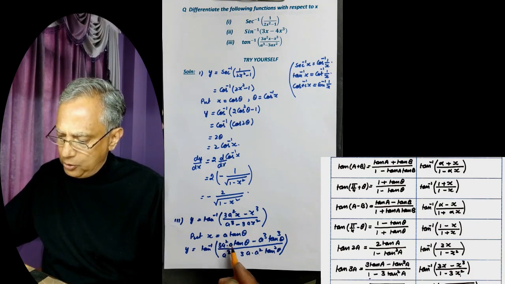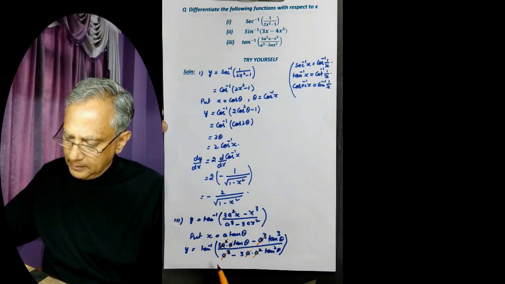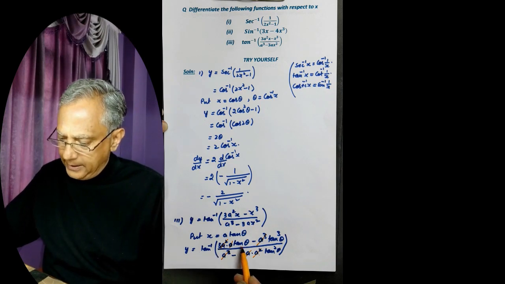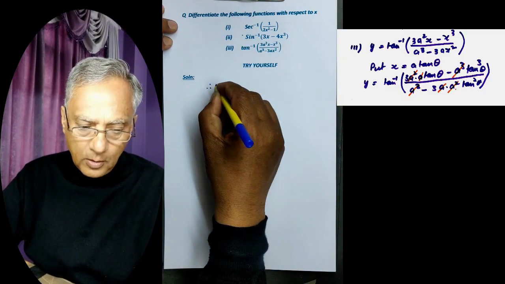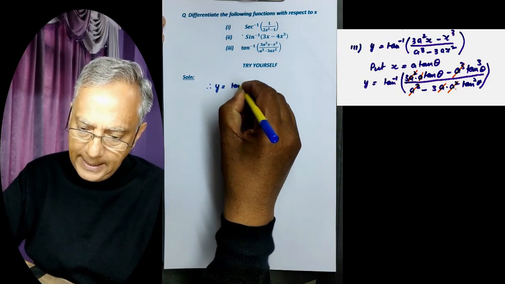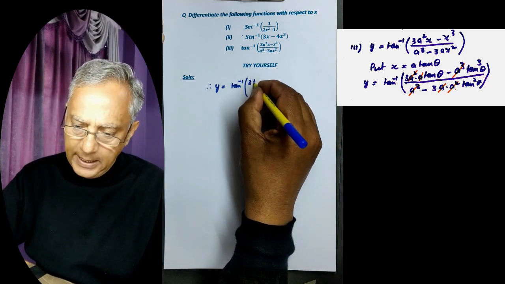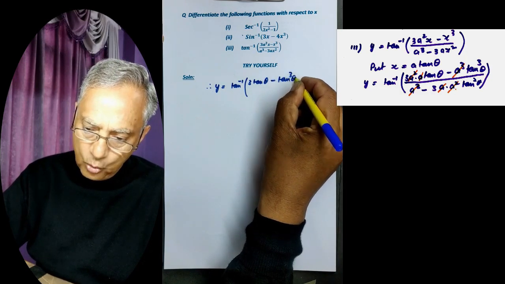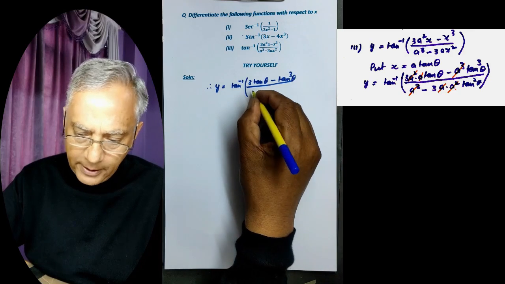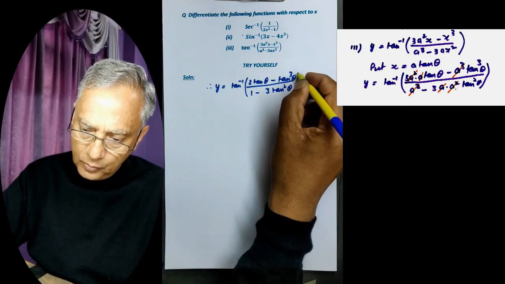A square into a is a cube, so we cancel a cube throughout. And we are left with tan inverse of 3 tangent theta minus tangent cube theta over 1 minus 3 tangent square theta. Therefore, what we get is y is tan inverse of 3 tangent theta minus tan cube theta, whole divided by 1 minus 3 tan square theta.